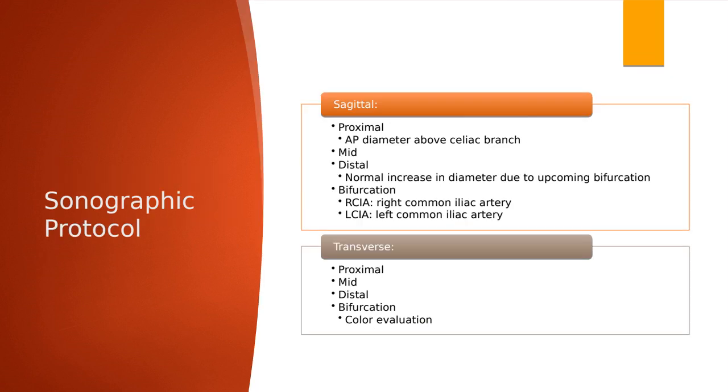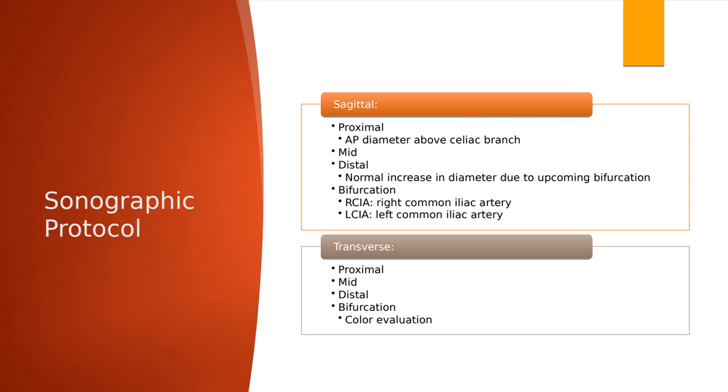What is our protocol? Sagittally, we're going to be looking at the prox, mid, and distal portions, so proximal, middle, and distal. The diameter of the proximal aorta is going to be wider than it is at the distal portion.